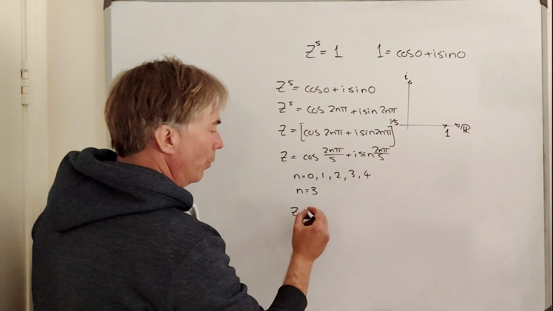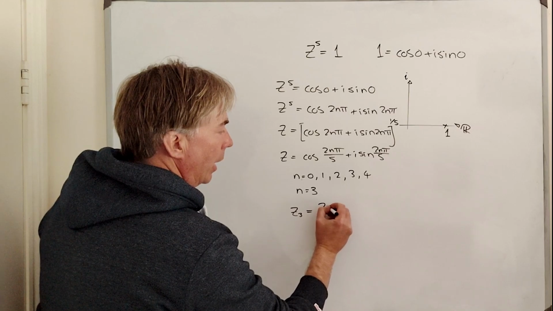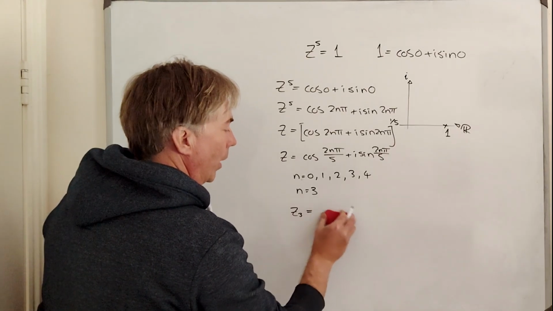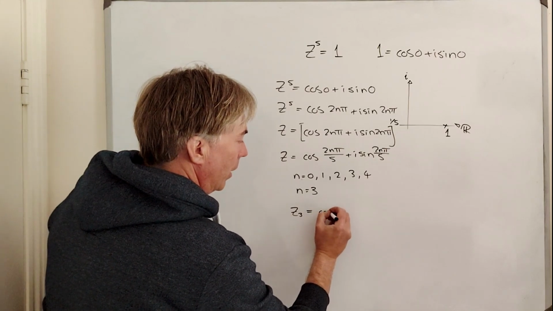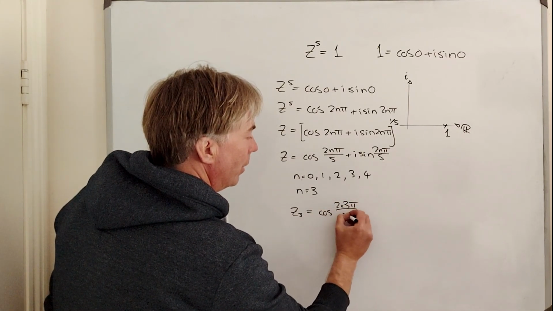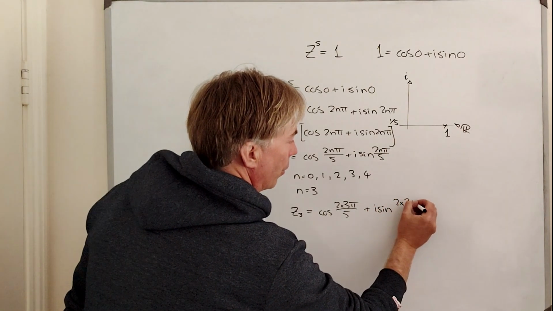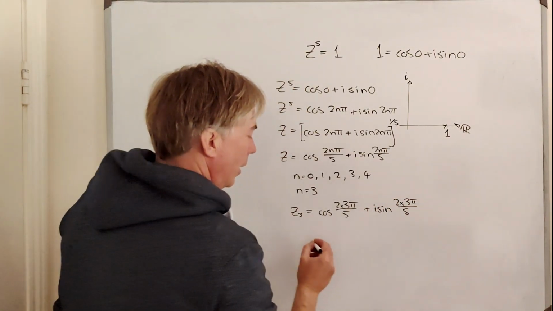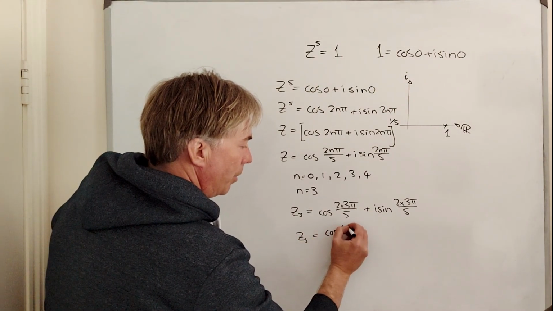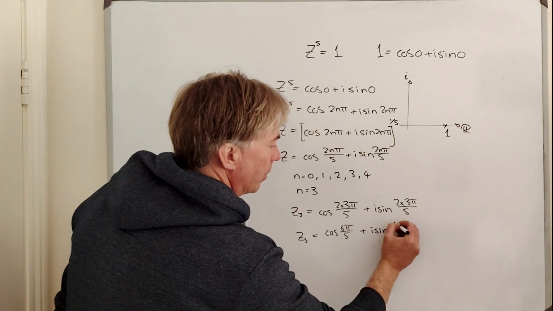So I'm going for the fourth root, z3, and that's going to be equal to cos of 2 lots of 3π upon 5 plus i sin 2 lots of 3π upon 5. So we end up with cos 6π upon 5 plus i sin 6π upon 5.